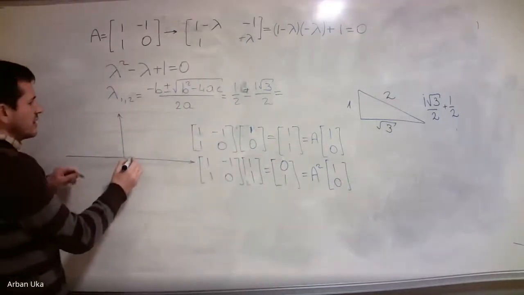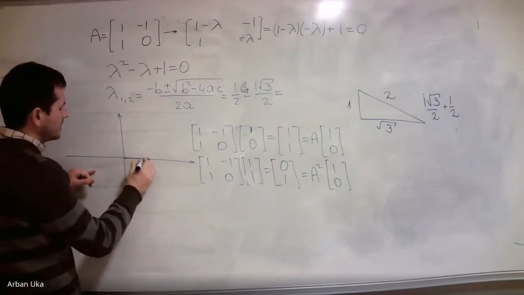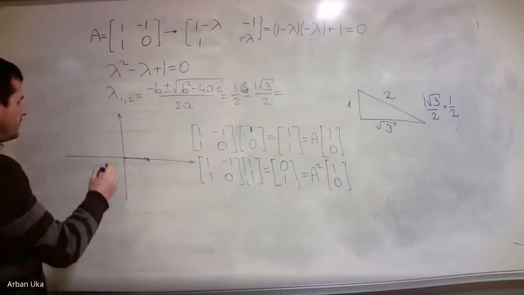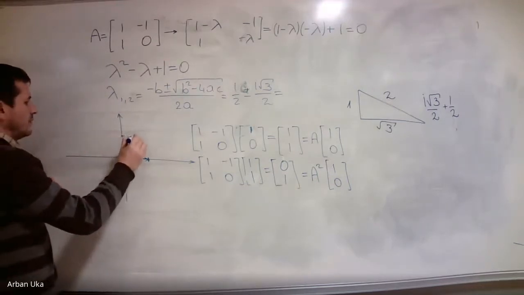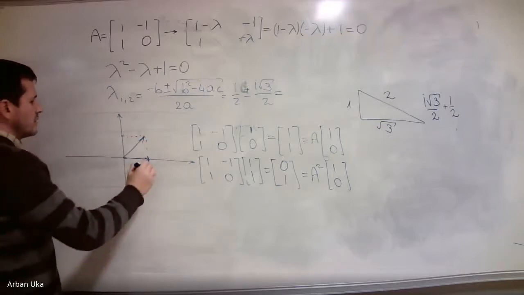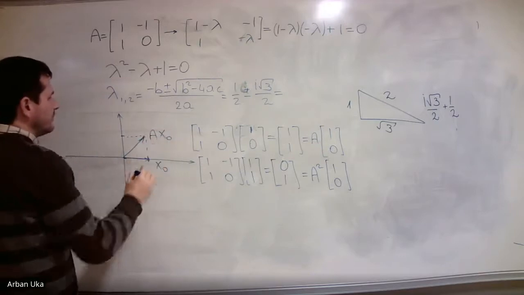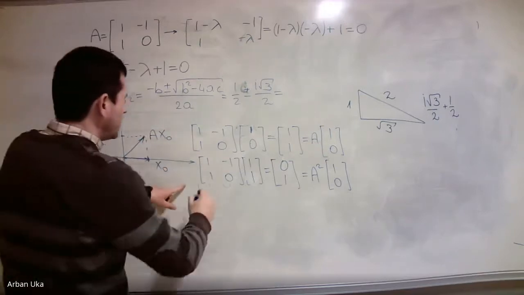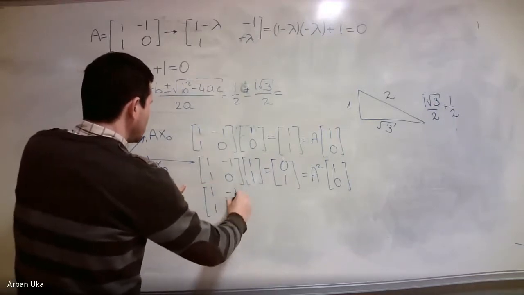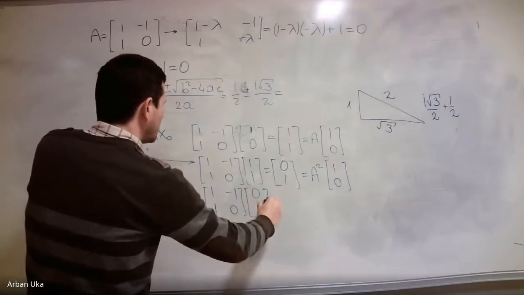So we started with x0, which was 1, 0. Is this vector, right? Then, what is a times 1, 0? So this is x0. This is a times x0. Then let's multiply again by a, which is 1 minus 1, 1, 0 times 0, 1.